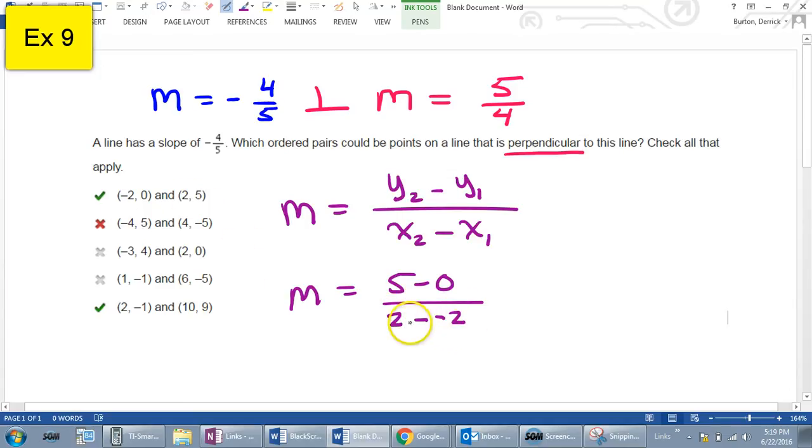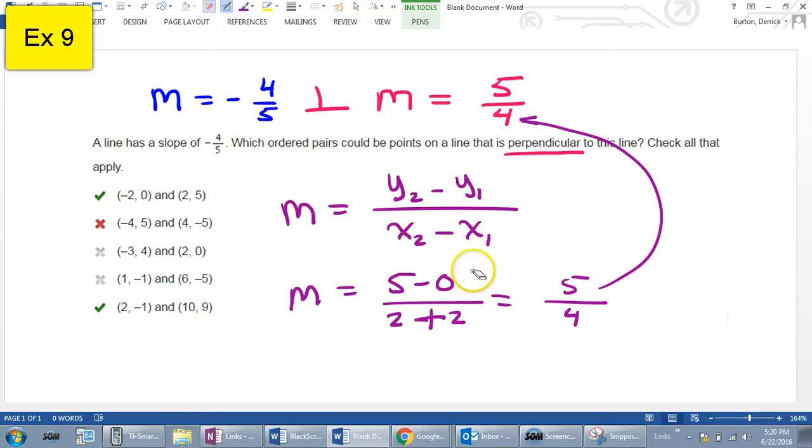Be careful to include both negatives, the negative from the formula and the negative from the number. 5 minus 0 is 5. 2 minus -2 is the same as 2 plus 2, that's 4. So boom, 5/4. So that's why that one is in.